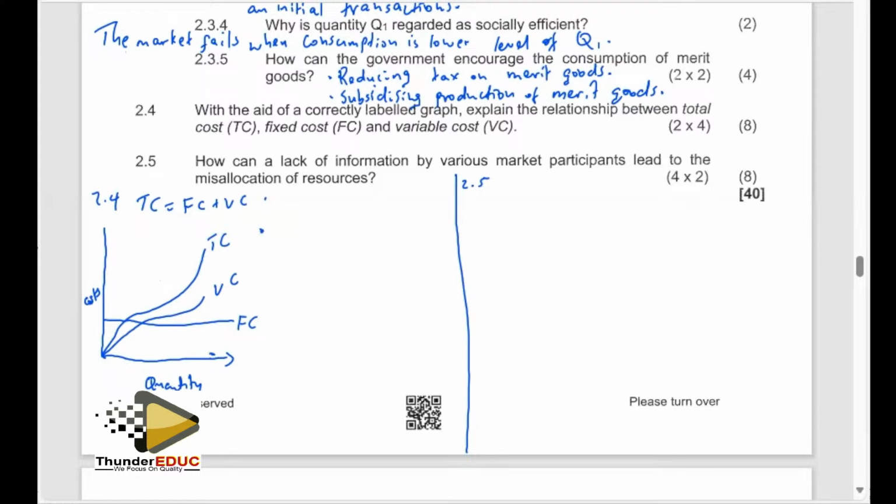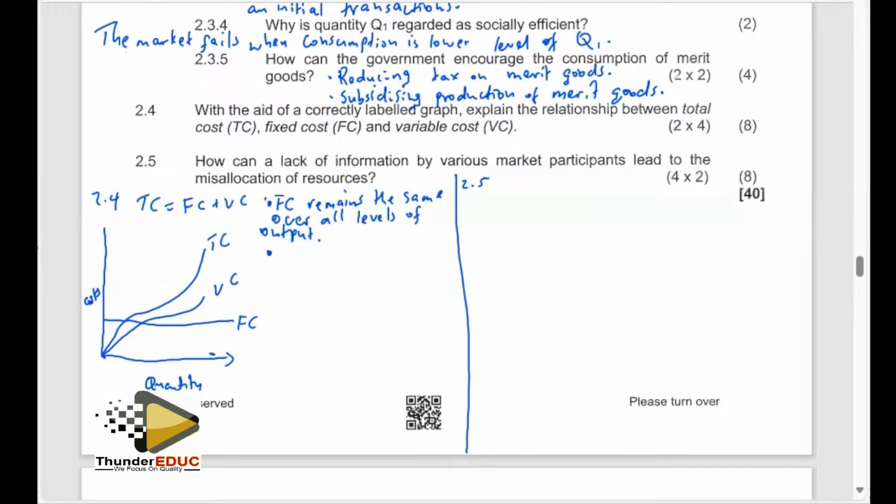We are saying that variable cost remains the same over all levels of output. Okay, right?